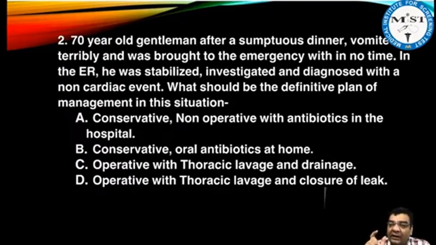So here, keep in mind, there is something to catch in every word. 70-year-old, sumptuous dinner means heavy meals, forceful vomiting, and he was brought in the emergency within no time. No time means immediately he was brought to the emergency.